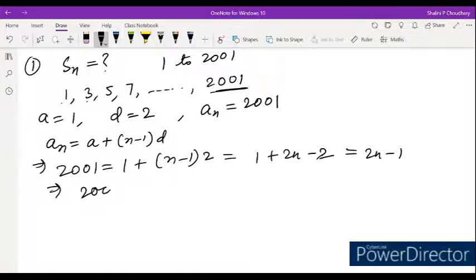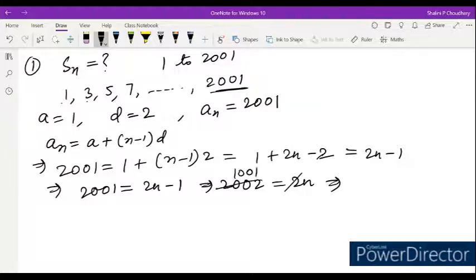Now 2001 is equal to 2n minus 1. It means 2002 will be equal to 2n. Then we cancel, we'll get 1001. So n will be equal to 1001.